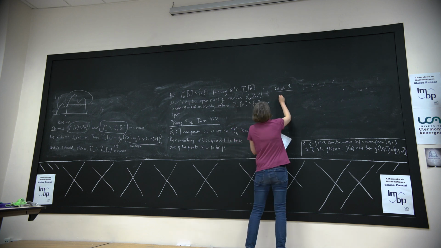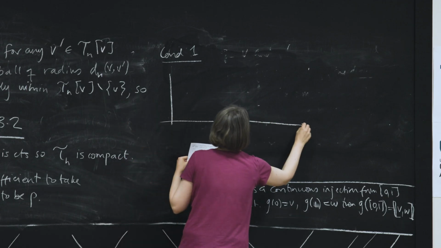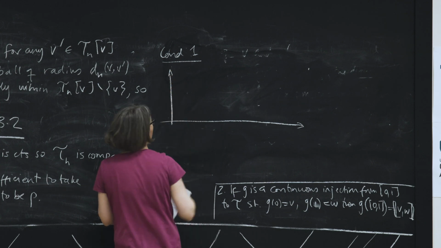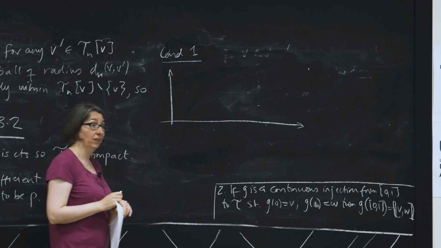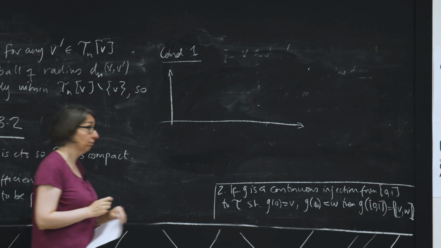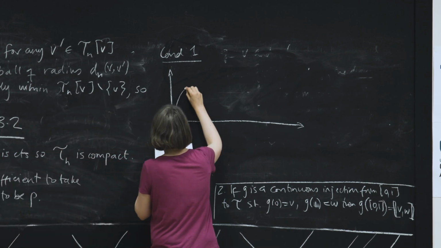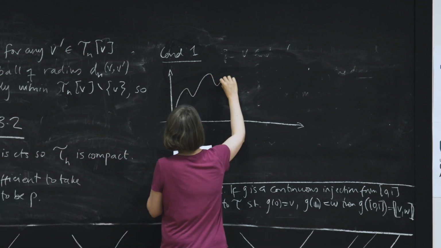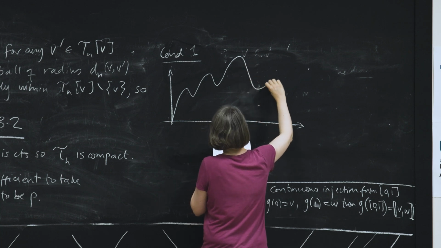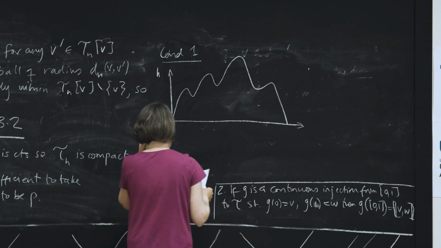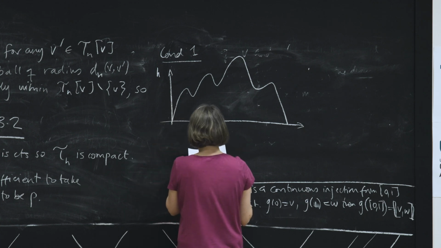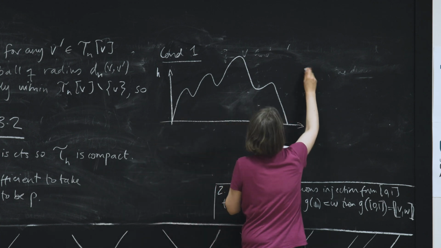So let's have a picture here. And the point is I'm just going to give you an explicit map F. So let's suppose that's my function h. Okay. So let's fix our v.